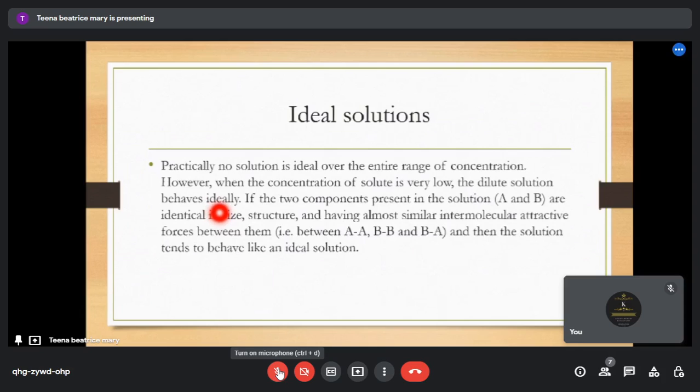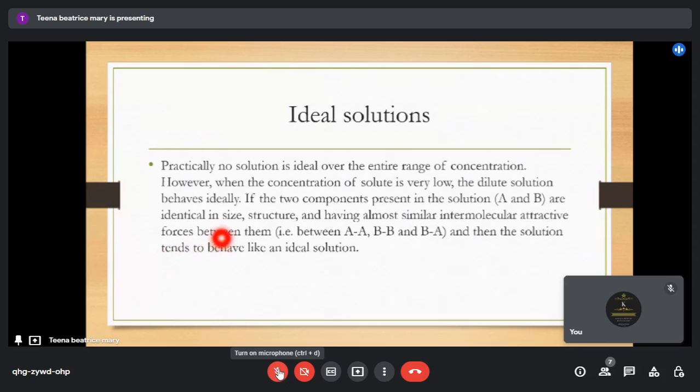Unless it has the same size, structure and almost similar intermolecular forces of attraction, the solution tends to behave like an ideal solution.